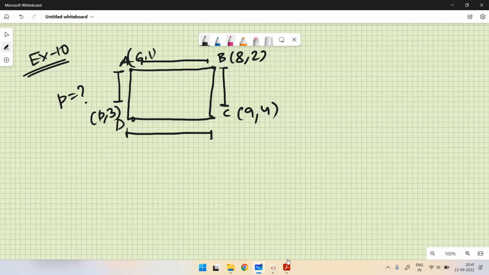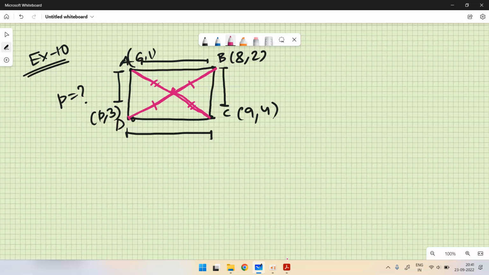The shorter method is that you join these two, and you know that the diagonals of a parallelogram bisect each other, dividing in the ratio 1:1. So if you take the midpoint of BD and the midpoint of AC, they will intersect at one point.